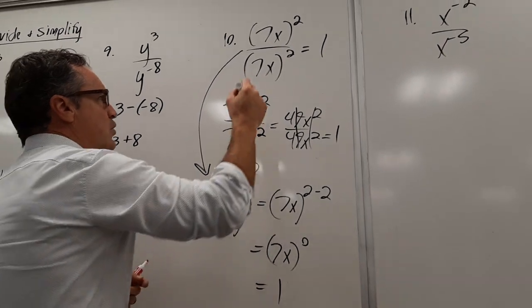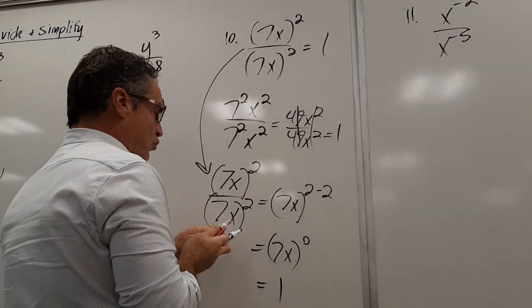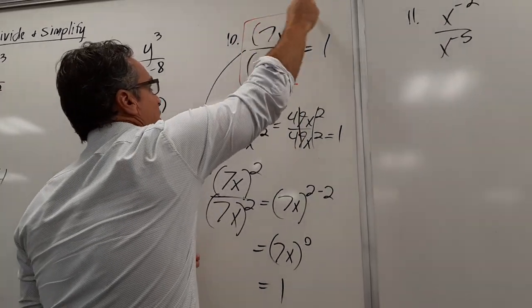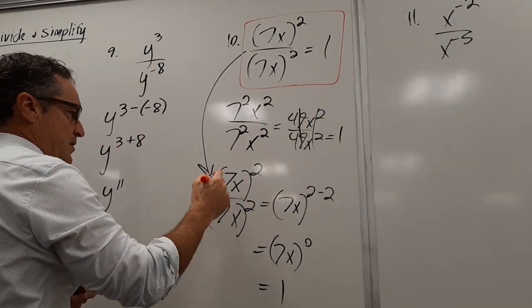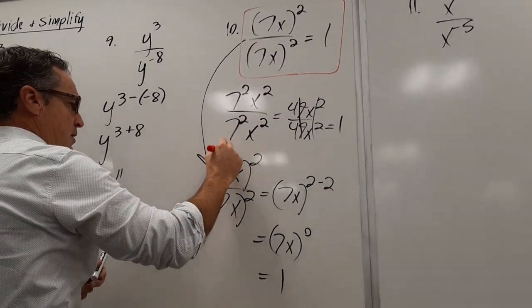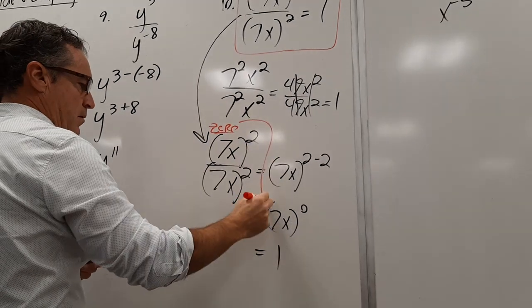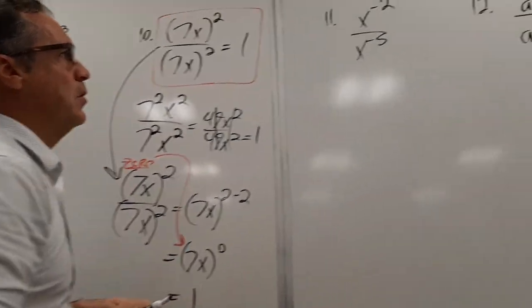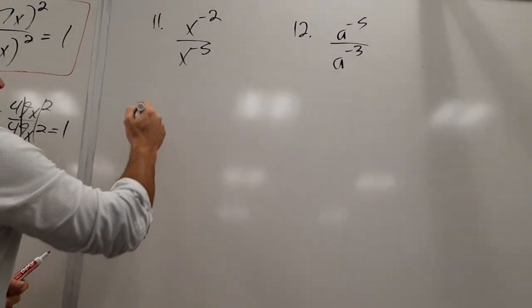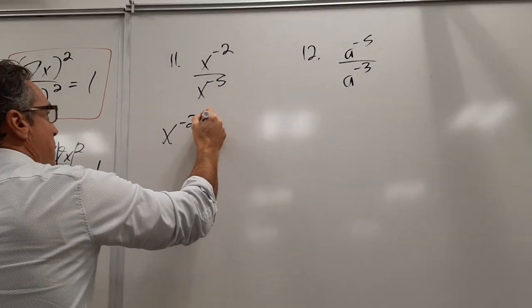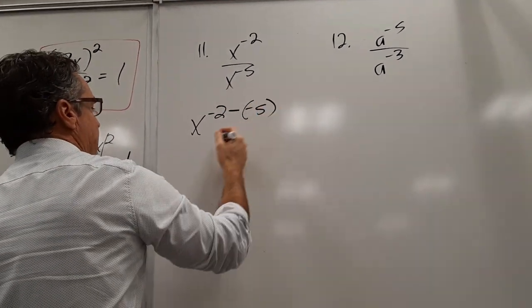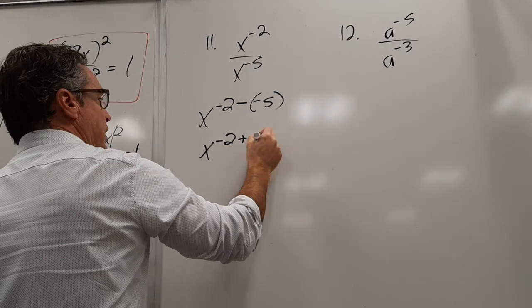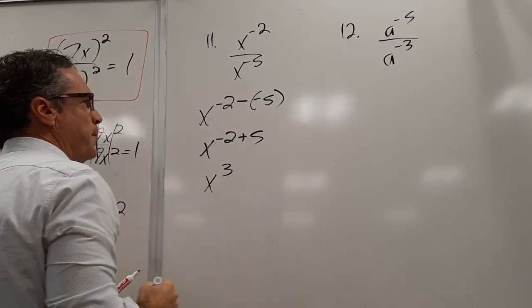All right, but the truth is, the first way is the most rapid explanation. In this instance, we are proving it using basically the zero rule, by using the quotient rule. Number 11, this is x to the negative 2 minus negative 5, which makes x to the negative 2 plus 5, which makes x to the third.